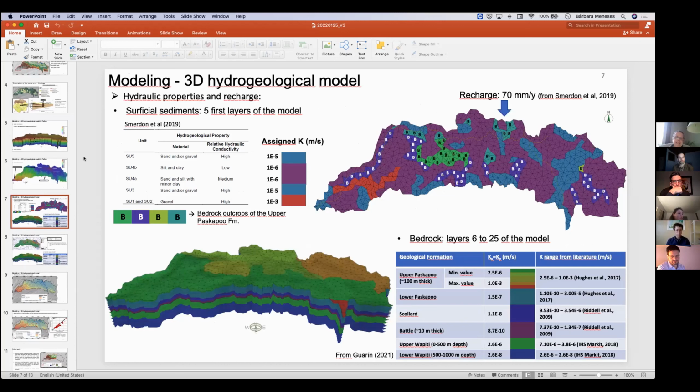Yes, actually, we started with the aquifer, with the upper Paskapoo formation as homogeneous, just to see where the under and overestimated values are. I know that this is a very big basin, 700 square kilometers.